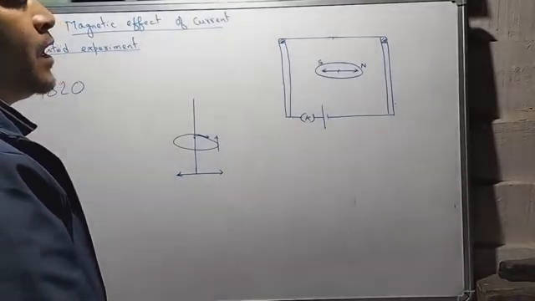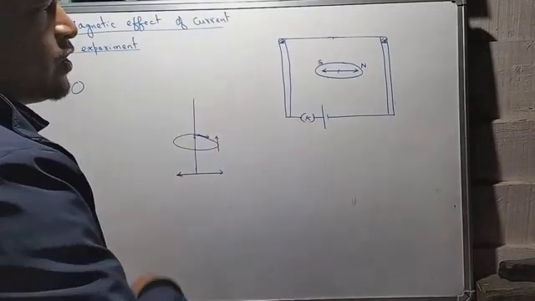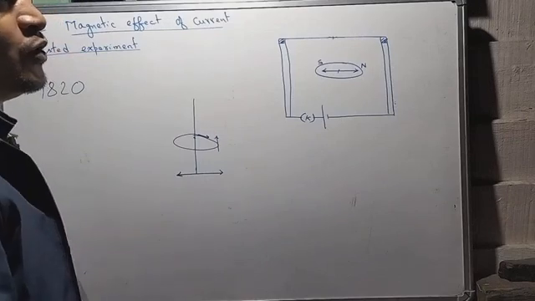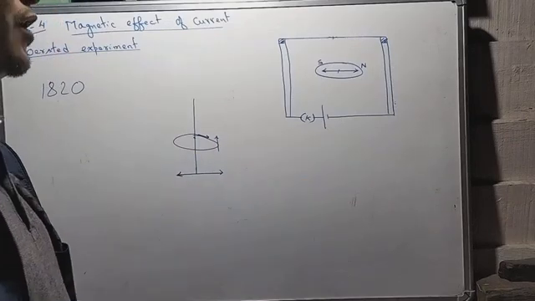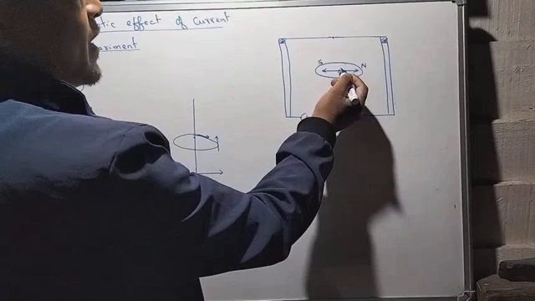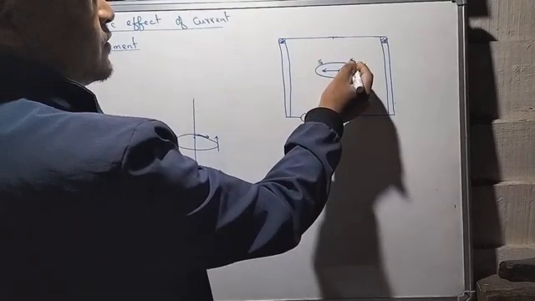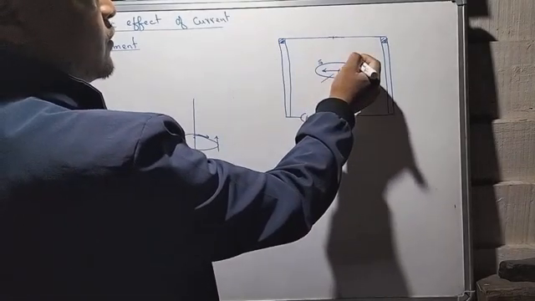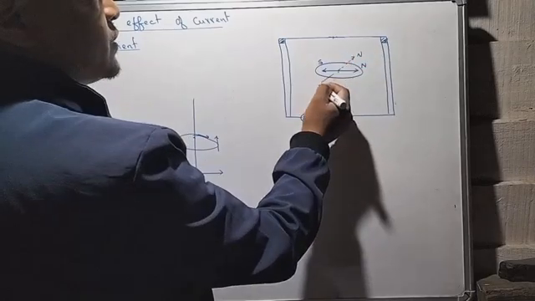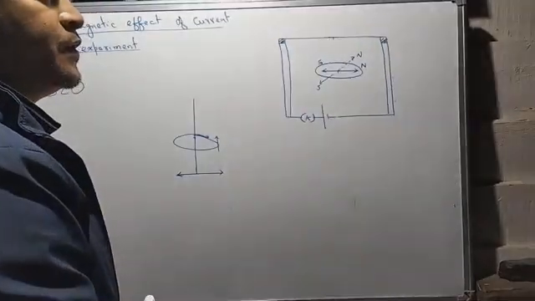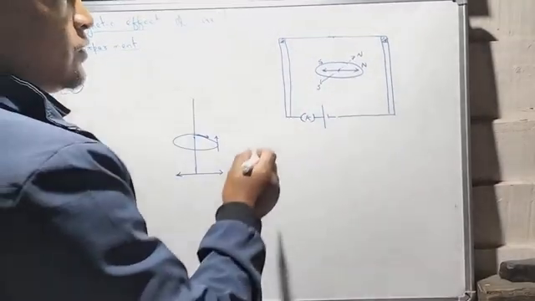As soon as he switched on the key, to his surprise, he found that this magnetic needle is deflected. The North Pole goes there and the South Pole comes here.